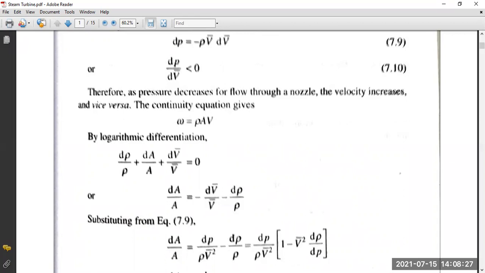This rho will be cancelled by this rho, and V squared into d rho divided by dP itself.